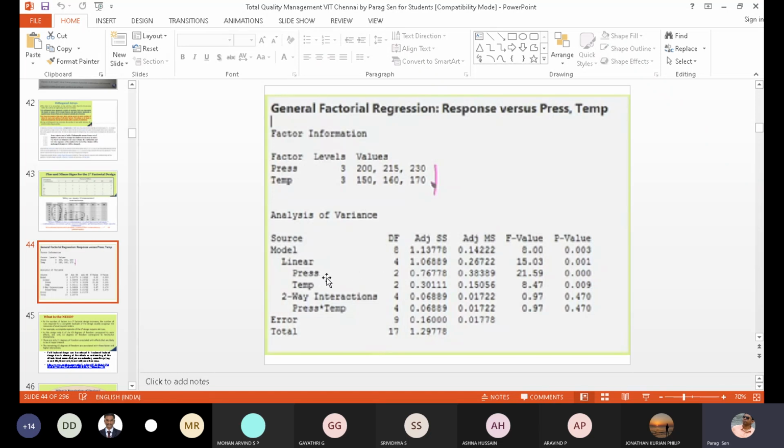Pressure has a significant effect on the response variable, because the p value is 0.000, which is less than 0.05. The p value represents a probability value, whether the result is statistically significant or not. For temperature also, the p value is less than 0.05, because usually we take all these things at a 95% confidence level.